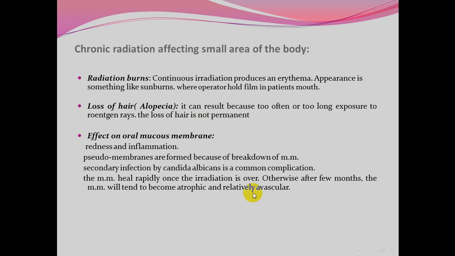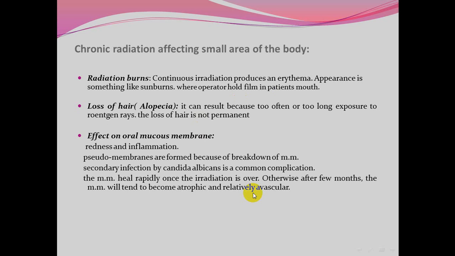This picture shows what will happen to the mucous membrane with continuous exposure to radiation. This is commonly seen with patients who suffer from cancer and received doses of radiation for treatment.